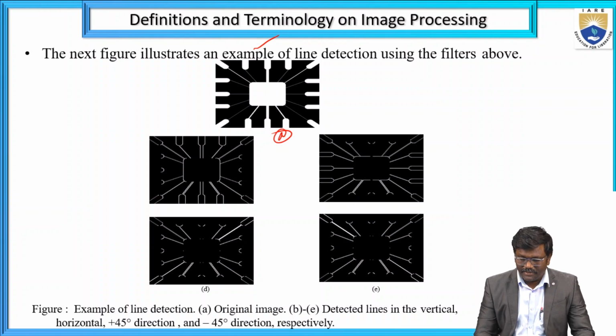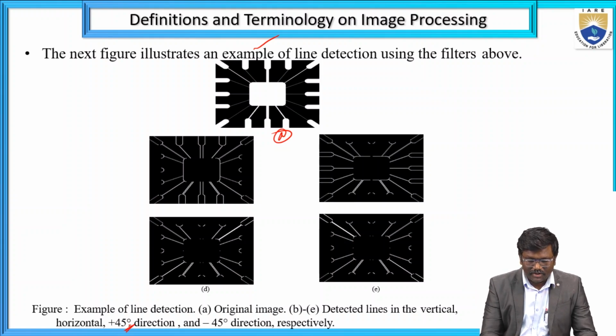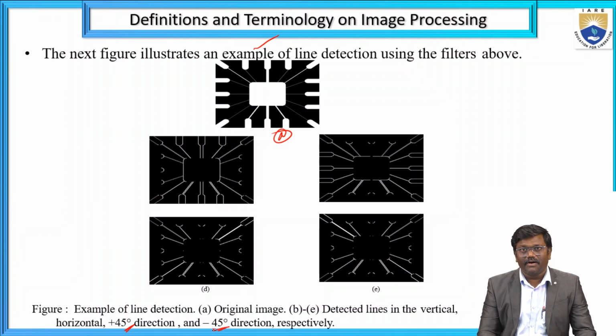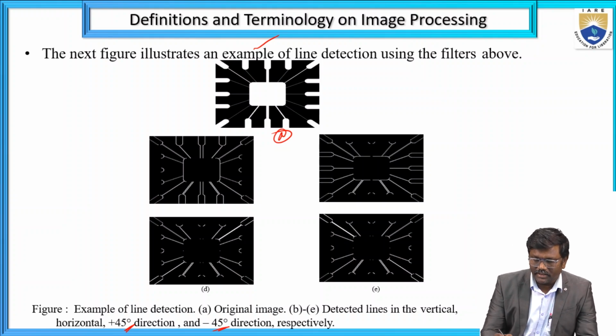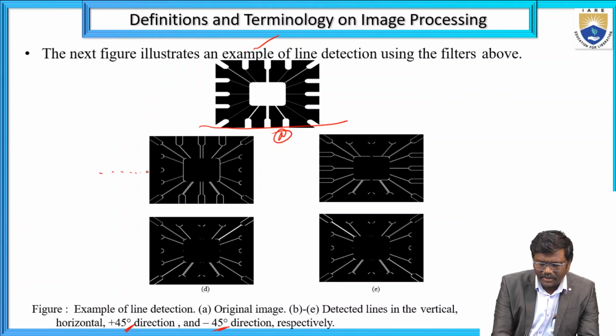From B to E, we are detecting lines in the vertical, horizontal, 45 degrees, and negative 45 degrees directions respectively. Here we can see the values defined in terms of positive lines and negative lines.